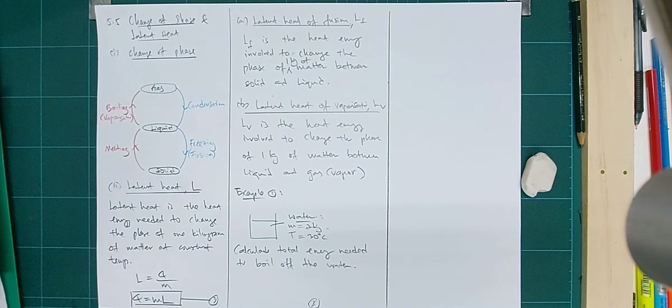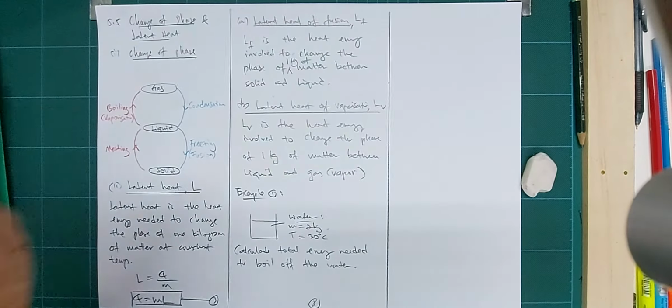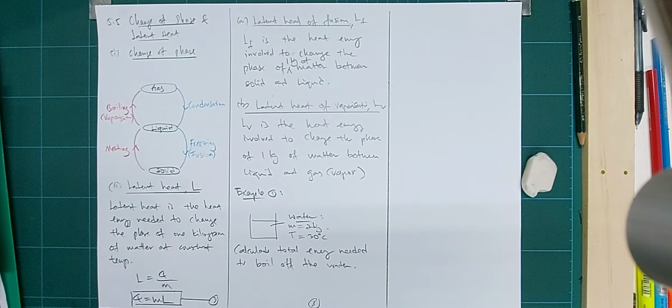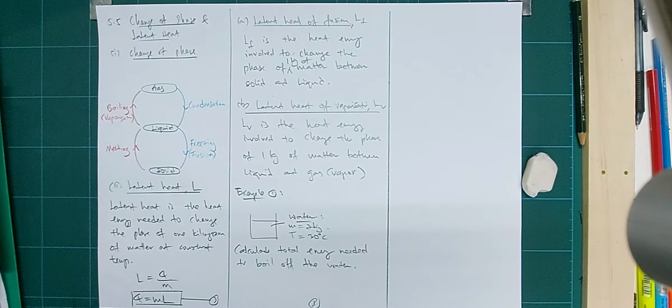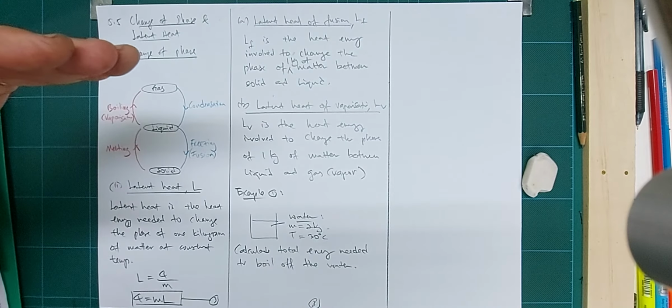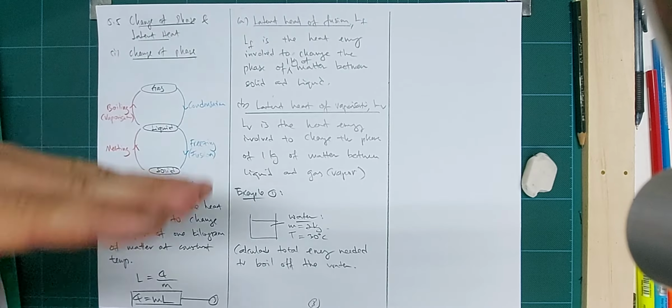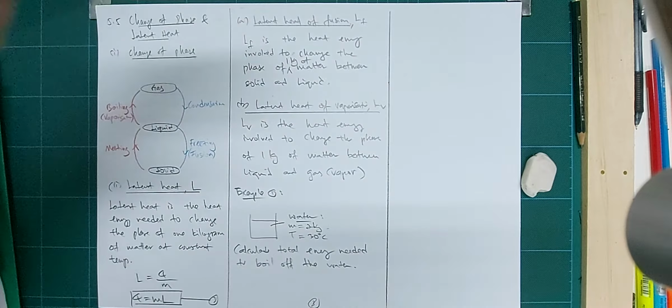That means you need to calculate the total amount of energy needed to vaporize that 2 kilograms of water starting from 30 degrees Celsius. So that means from 30 go to 100, and then from 100 it goes to 100 as steam.